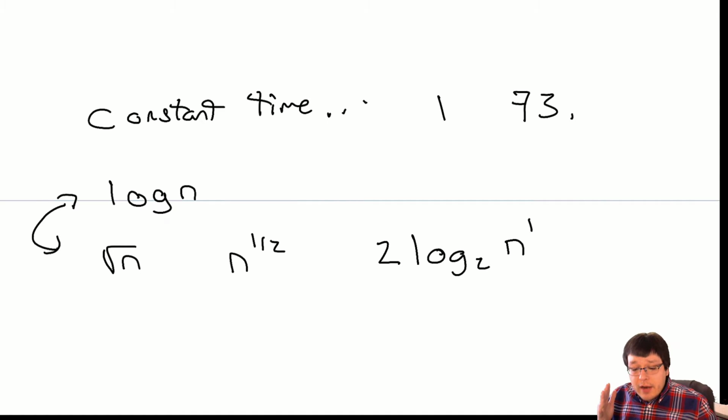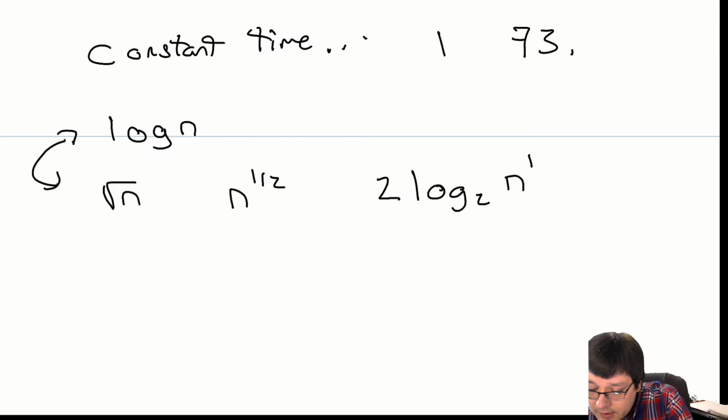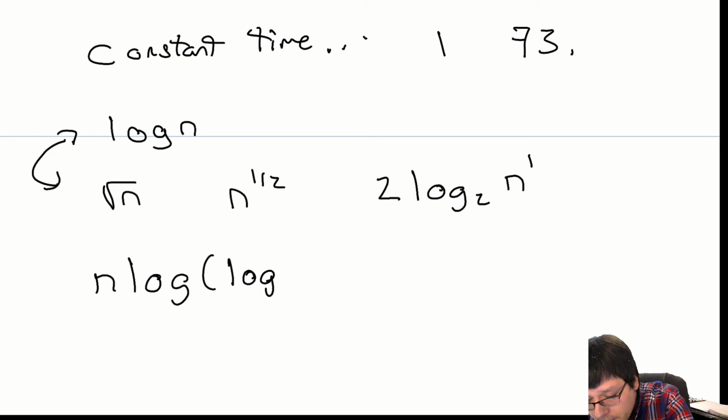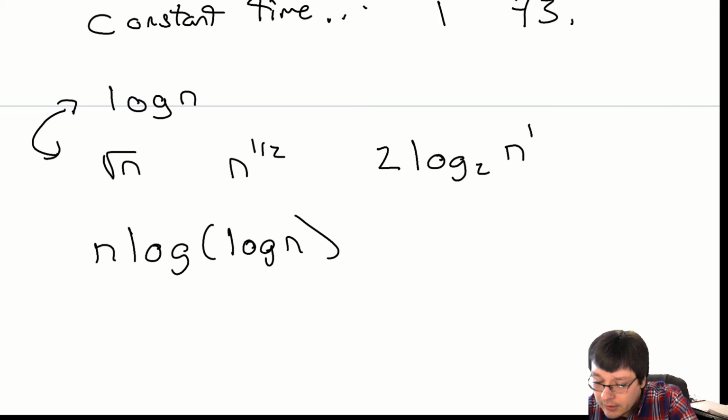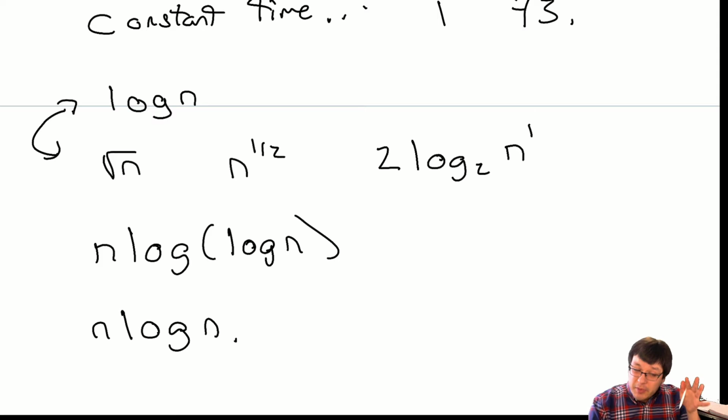If we go even higher, the next one that you can see is something like, I guess, and this is what I have here, n log n. I don't remember which algorithm uses it, but the most popular one is n log n. That's going to be your sorting one that I was talking very briefly about.